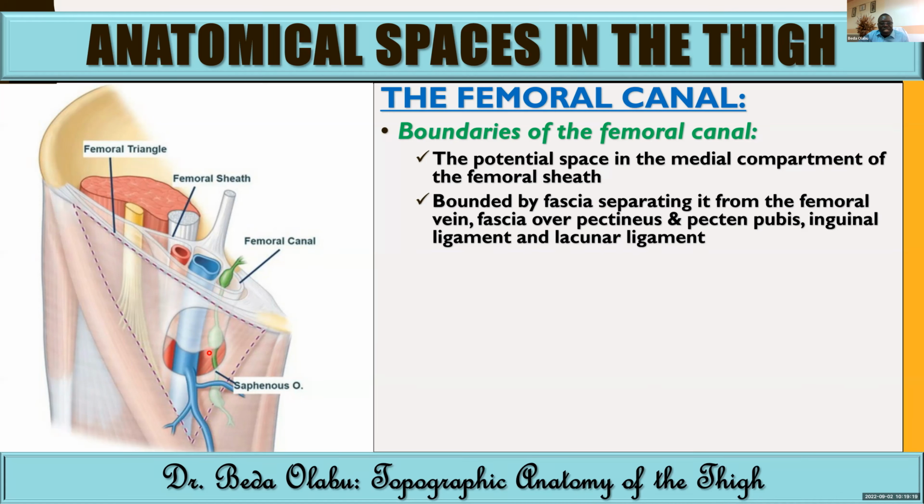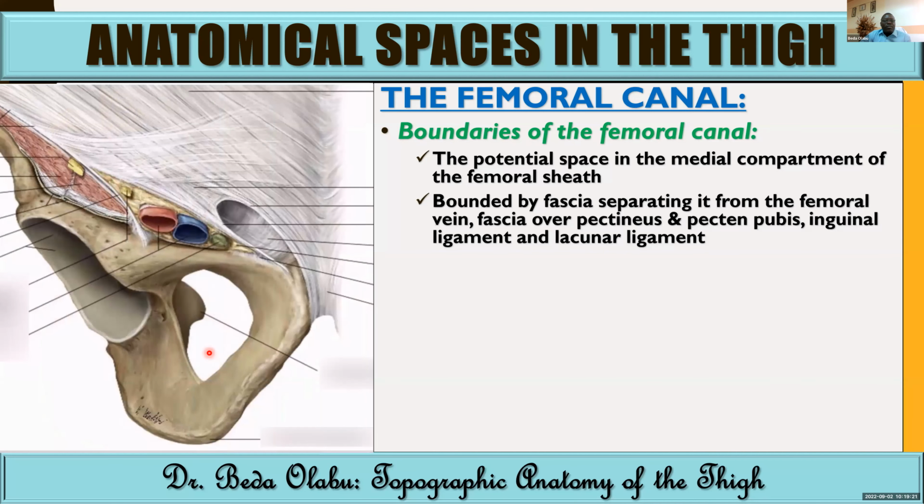Remember, it's an extension, it's a canal. In that region, that's a cross-section of it. So that's the region: inguinal ligament, lacunar ligament, pectineal ligament somewhere. Related to the femoral canal is what we call the femoral ring.